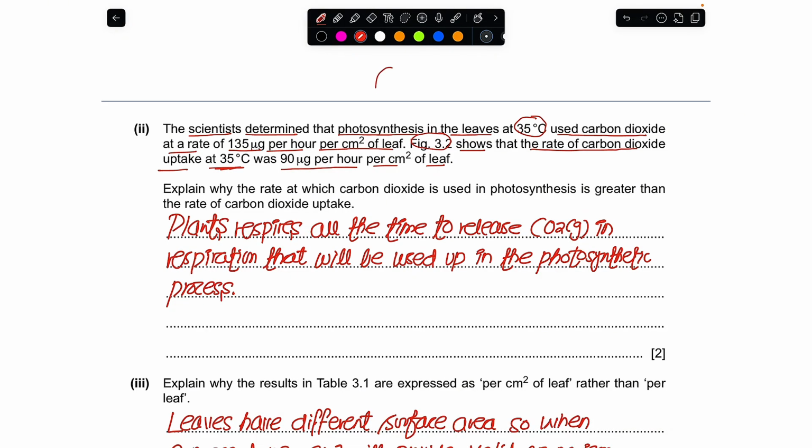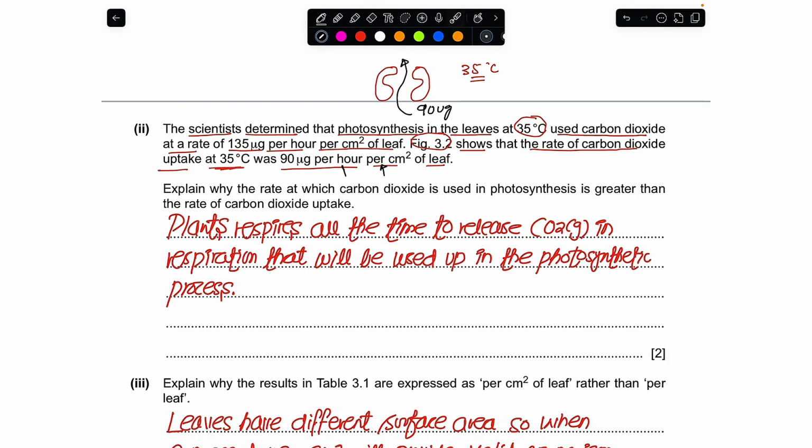Now you see that in the lower epidermis we have the guard cells, and in between the guard cells we have the stomata. At this temperature of 35 degrees centigrade, what we notice is that the plant is taking up a total amount of carbon dioxide of 90 microgram per hour per centimeter square of the leaf.